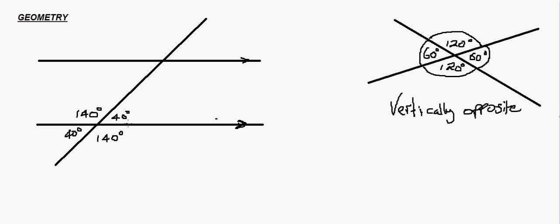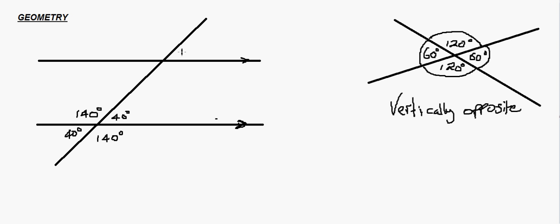So we can see if we're given one angle here, it's very easy to find out what the remaining angles are. Now because these lines are parallel and this line has cut through both lines, whatever is happening down here will happen here. Everything here will be the same here.